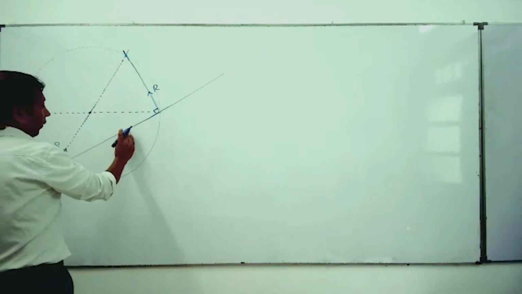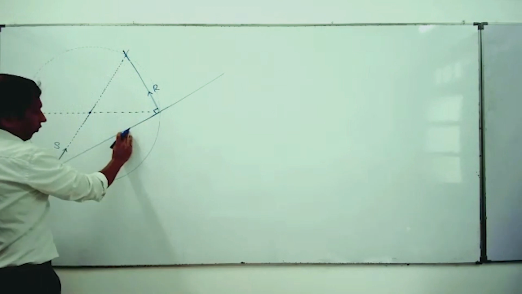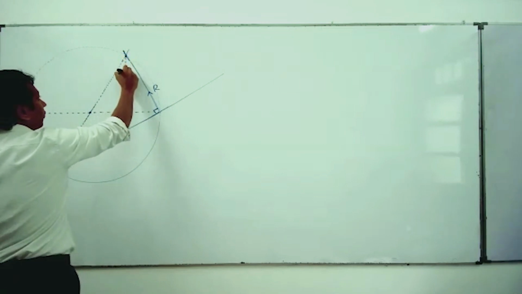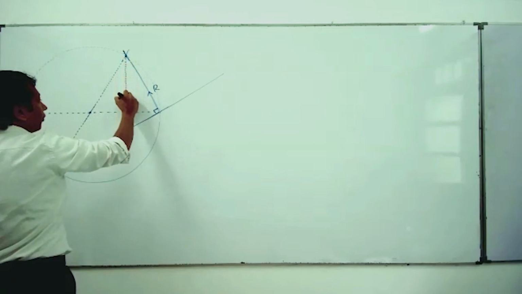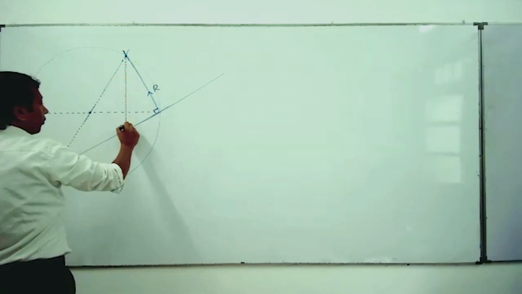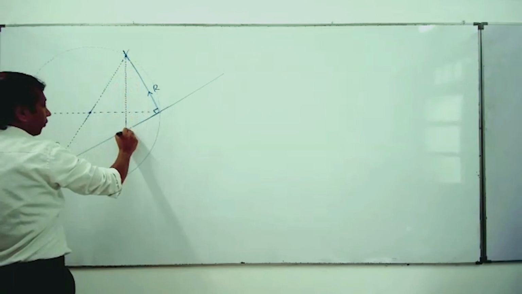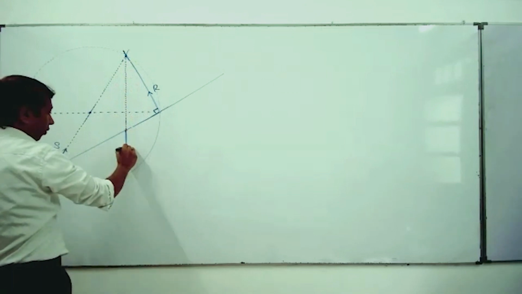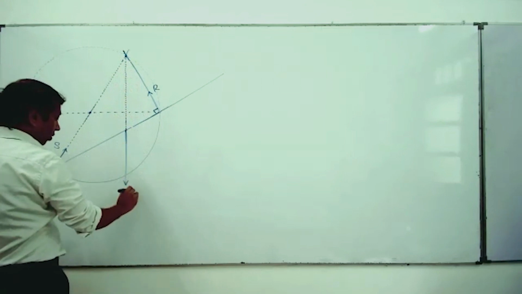Therefore, the line of action of the weight of the rod, when you produce it, should pass through this point. This is the force diagram.